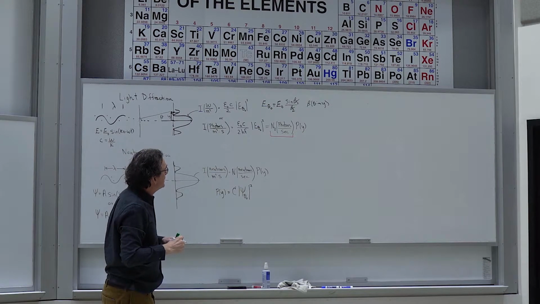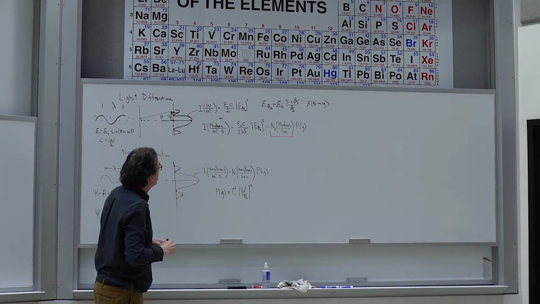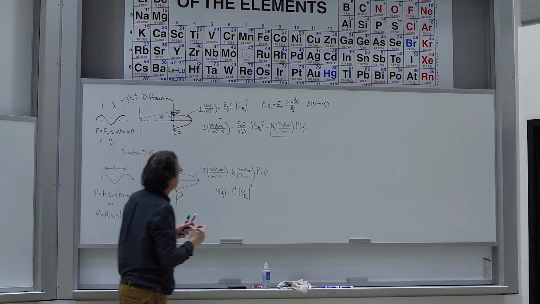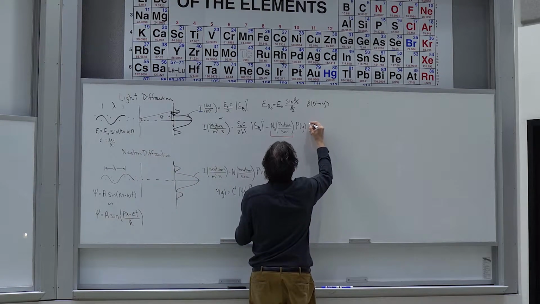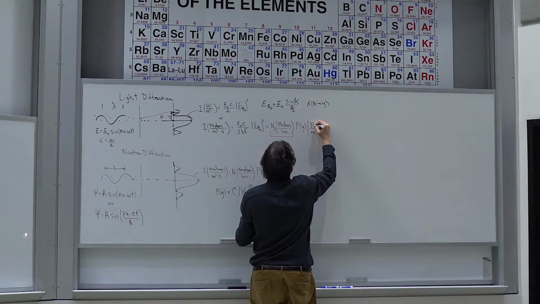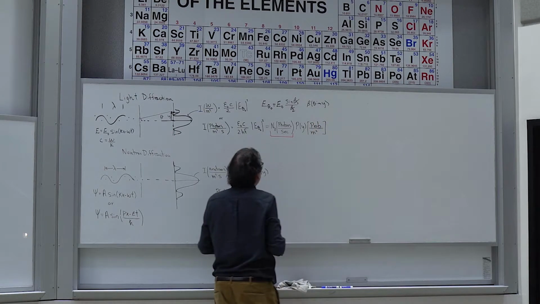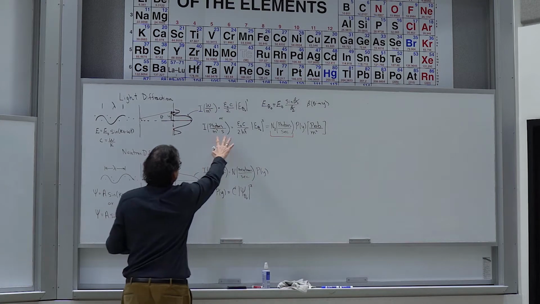This probability is a probability per unit area, or per meter squared, and I still have photons per meter squared per second.